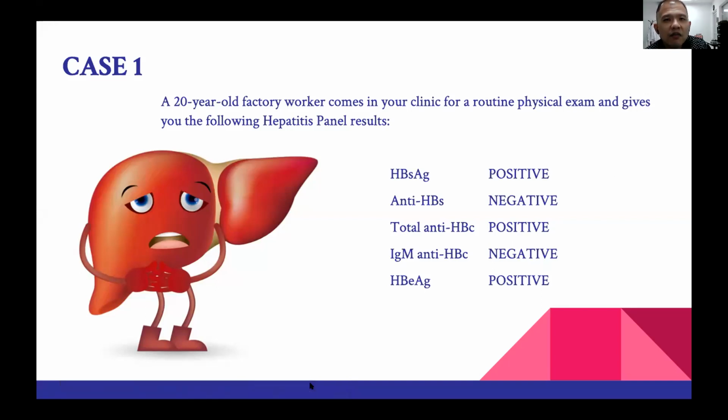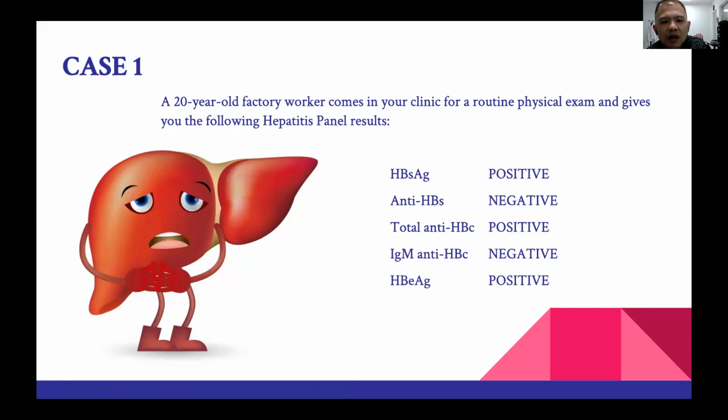So for the differential diagnosis, I'd like to correct something. You can have acute hepatitis B, which you rule out because of the negative IgM. Then chronic hepatitis B, carrier phase, rule in.